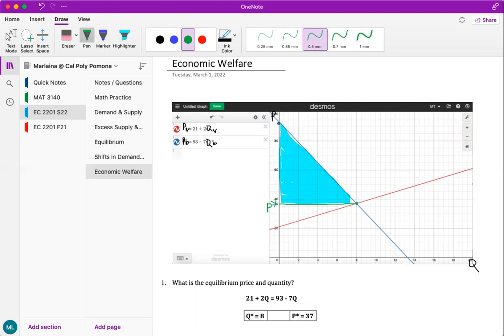And this point up here, that's the y-intercept of the demand curve, which is given right here in the equation by that 93. So we have 93. So our height is not 93. Our height goes from 93 down to P star, which is 37. Our height is the difference between those two numbers.